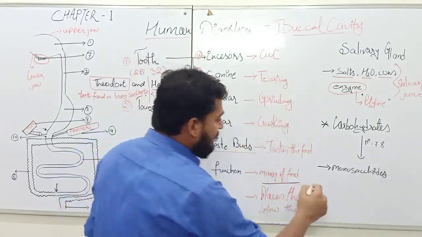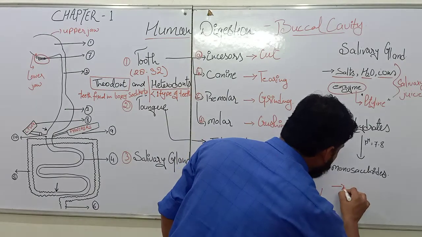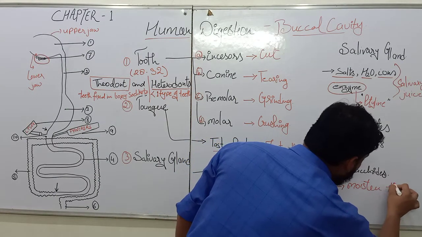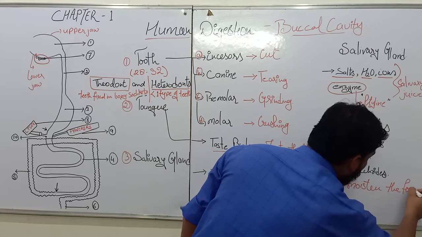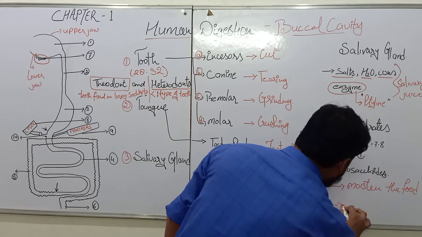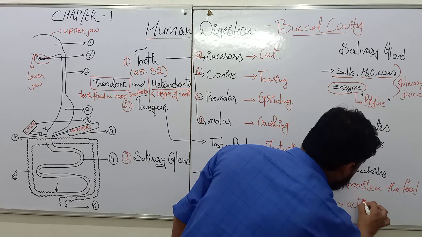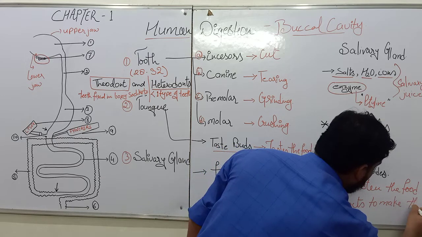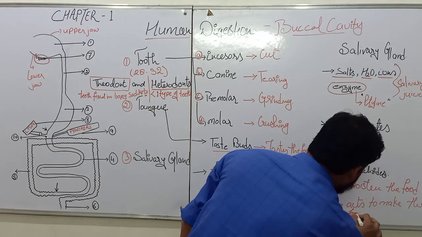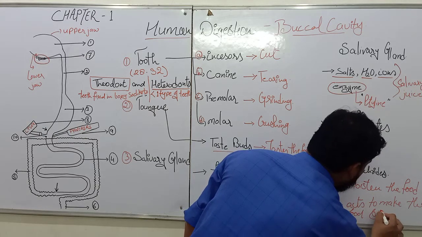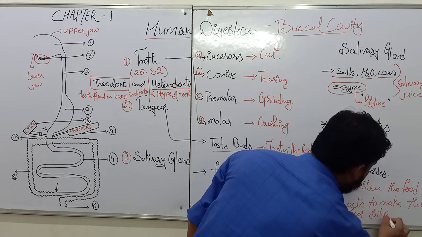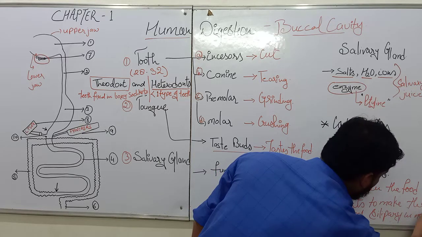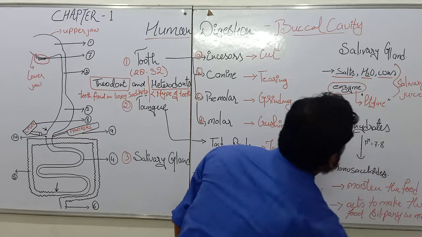This salivary juice also functions to moisten the food and make the food slippery in nature.